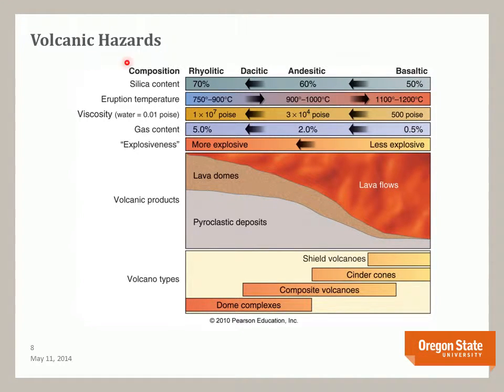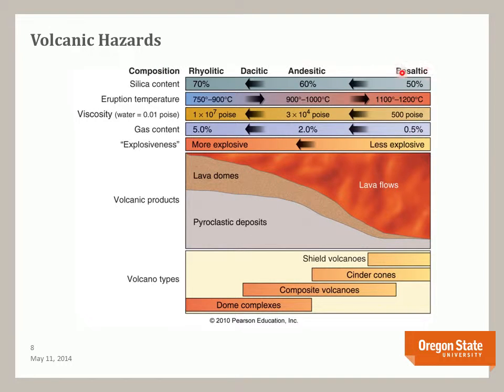Our next topic is volcanic hazards, and before we get into specific hazards, I'd like to review in some detail this diagram from your book. I would spend some time looking at this diagram as it is a good summary of a lot of different information. So let's walk through this a little bit. On the top, we have composition of lava, or magma, from basaltic or mafic up through intermediate and into felsic, the rhyolitic.